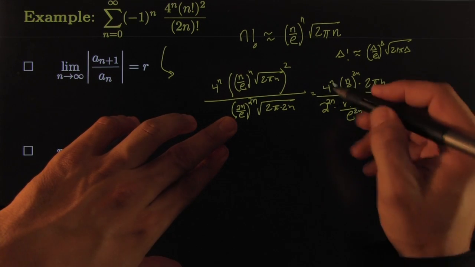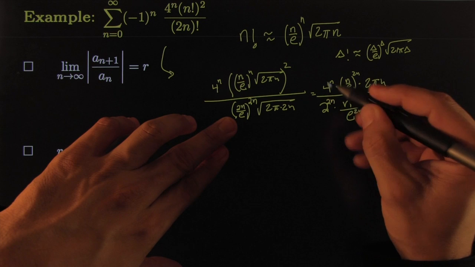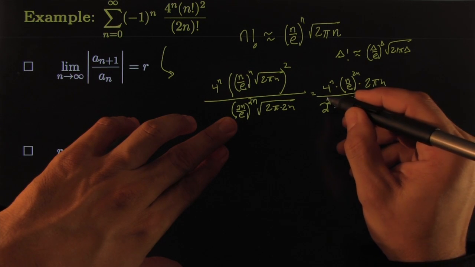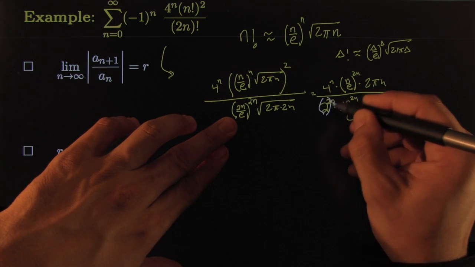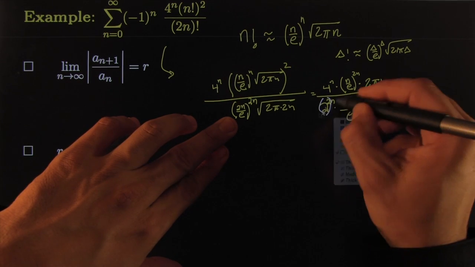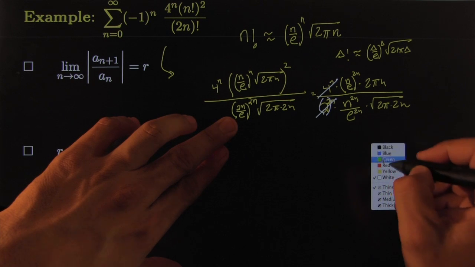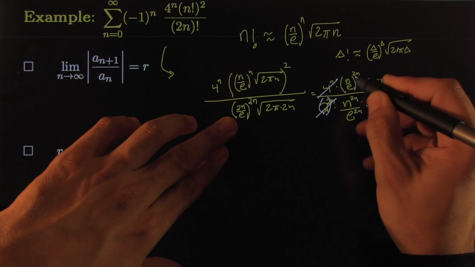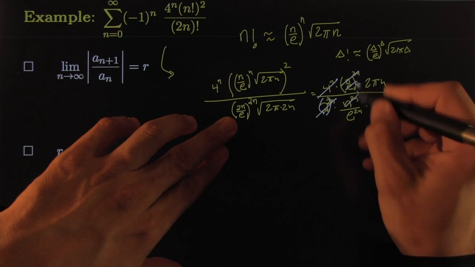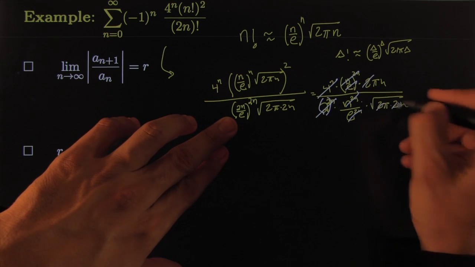Yeah, so this cancels with that, because 2 to the 2 is 4, and 4 to the n is 4 to the n, allowing me to do this nice thing here. Cancel that. But wait, there's more. N to the 2n, that's exactly this piece right here. That's gone. But wait, there's more. The 2 cancels with those 2.